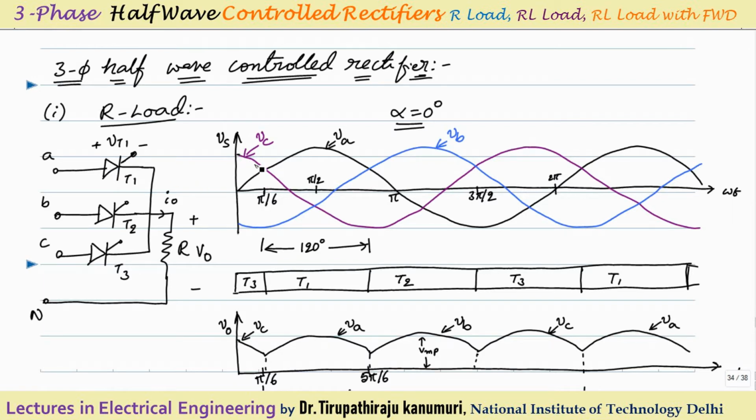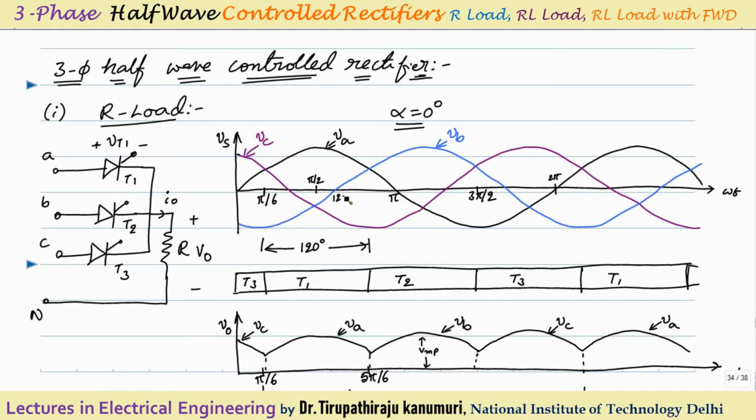So let us analyze the waveforms one by one. The voltage waveform of VA at omega t equal to 0 is 0, and it will start gradually increasing, reach maximum at 90 degrees, and again gradually decrease, becoming 0 at 180 degrees, and so on it will continue. Now coming to the waveform VB. VB will be lagging behind VA by 120 degrees.